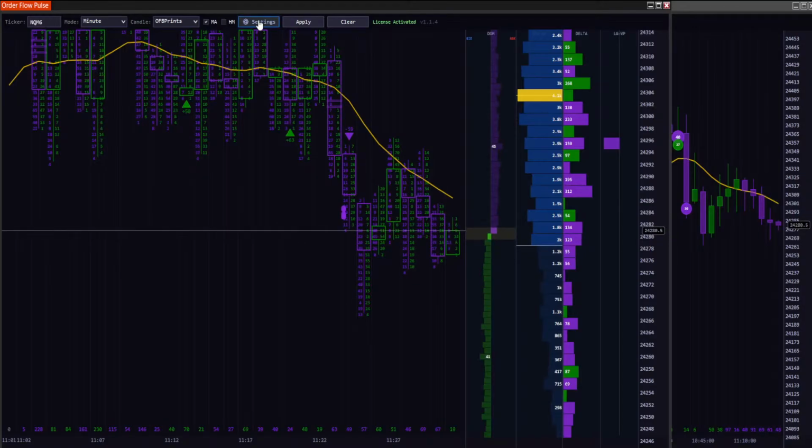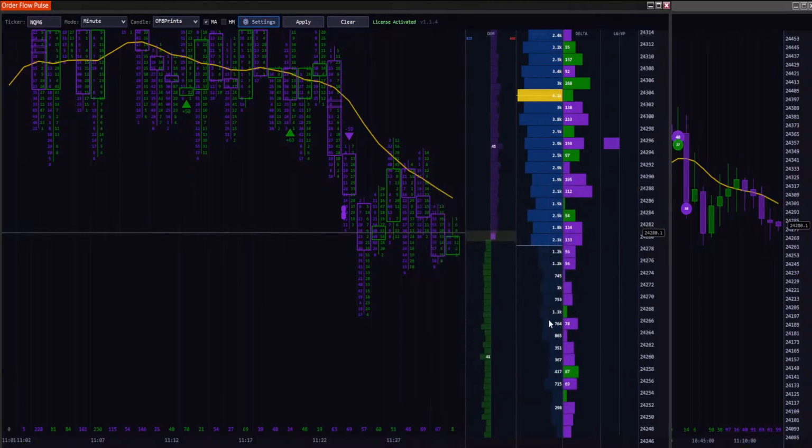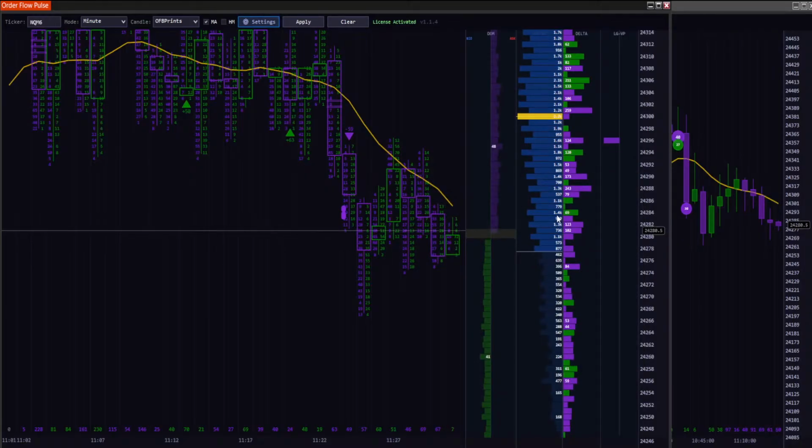I got the profile set to what, 8? Yeah, I'll set this back to 4. So it just merges this profile. It just merged it to 1 point.